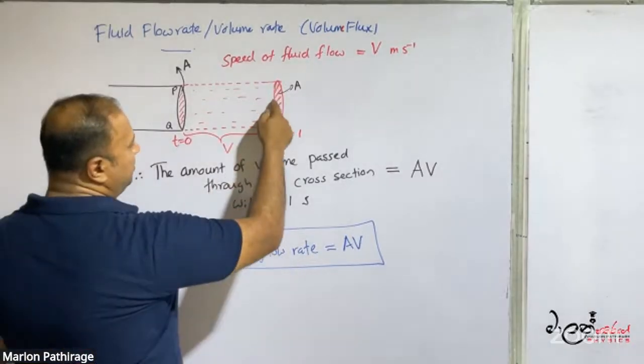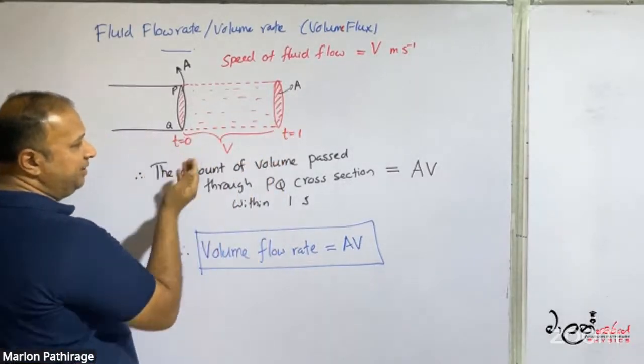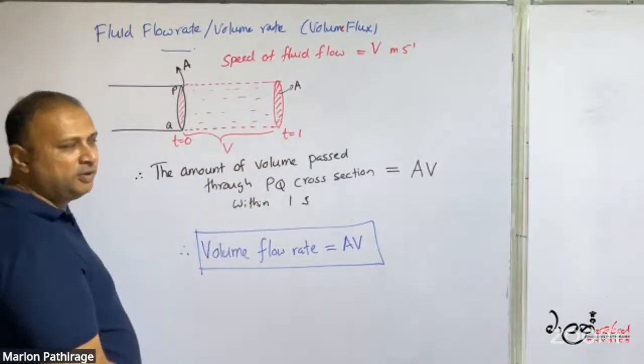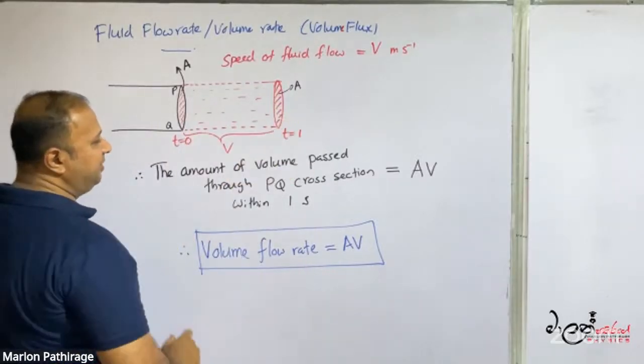The cross-section into the height is the volume. This volume went within 1 second.